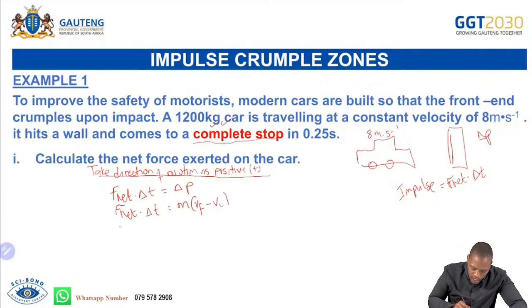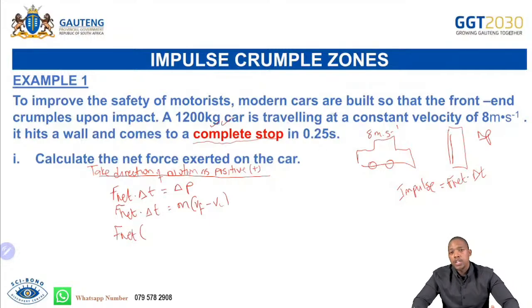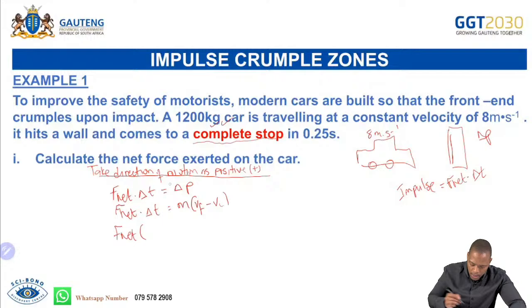I am looking for the net force, the net force multiplied by the time of contact. I usually say to learners, immediately you hear they say it takes this time to come to a stop, or the time of contact is this, you must always think of the impulse momentum theorem.